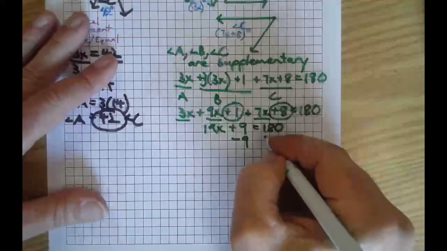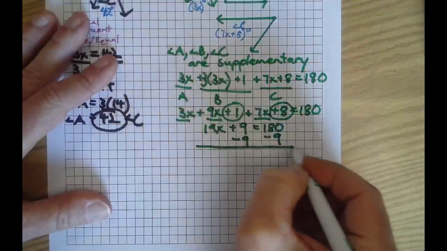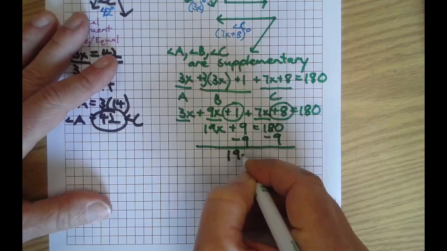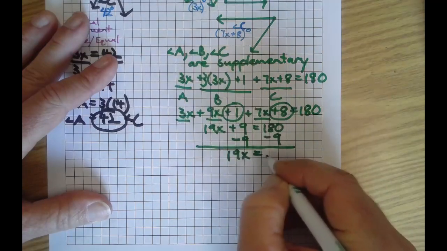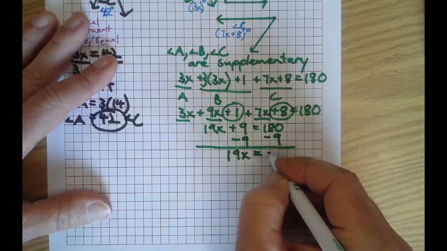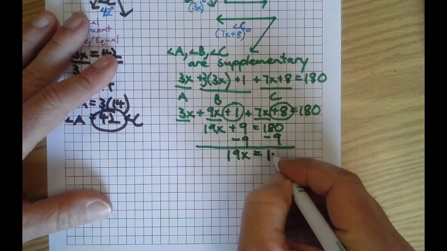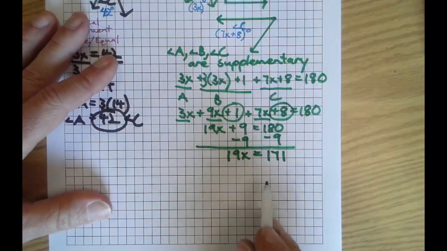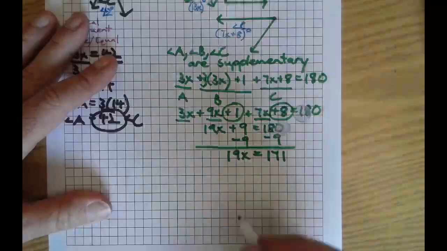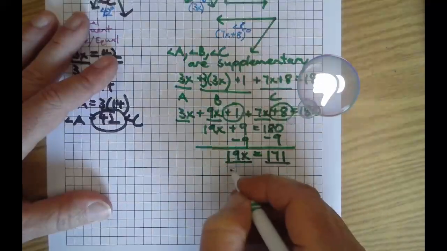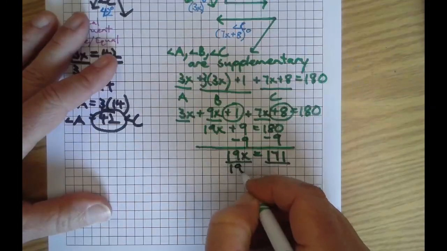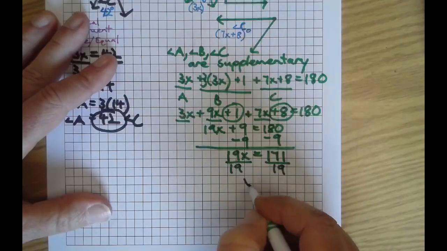Make sure I don't run out of room. Boom, boom. You see what I see happening here? What's 19 times 10? Right, 190. But then if you take one of those 19s away, what do you get? Yes, 171, which means x equals 9.